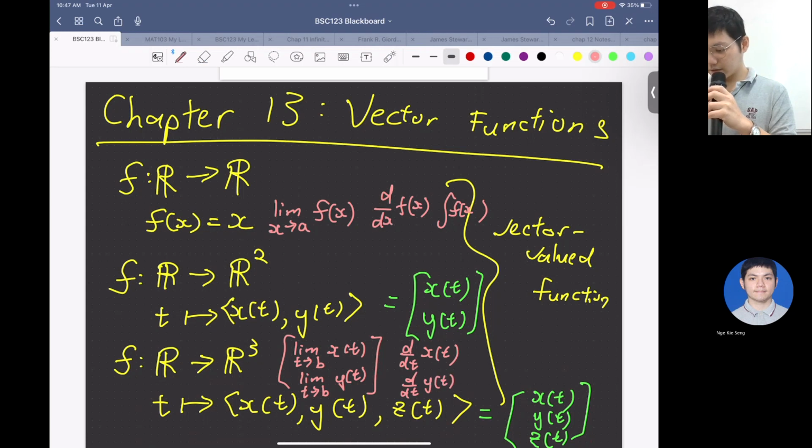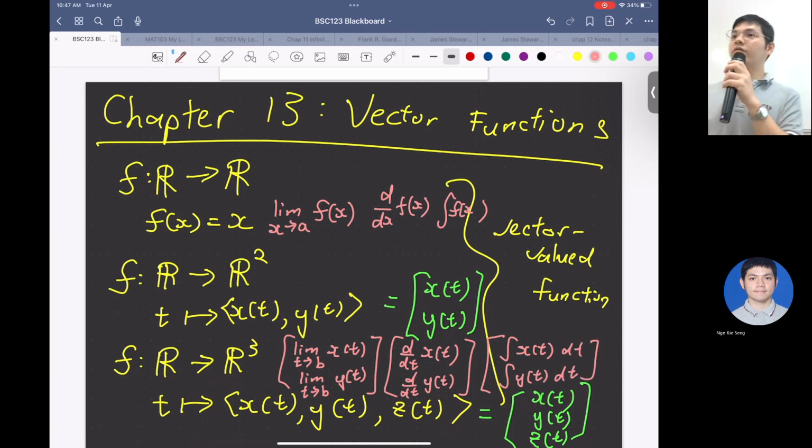Actually, we didn't introduce this, but we'll do it in this chapter. And then you also integrate all of them. Similarly, you do it for 3D. This is the essence of this chapter: instead of 1 to 1 variable, you do 1 to 2, 1 to 3 variables.